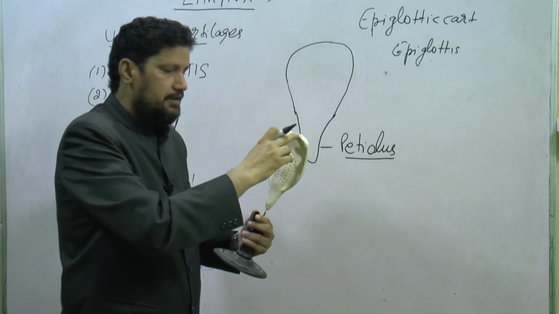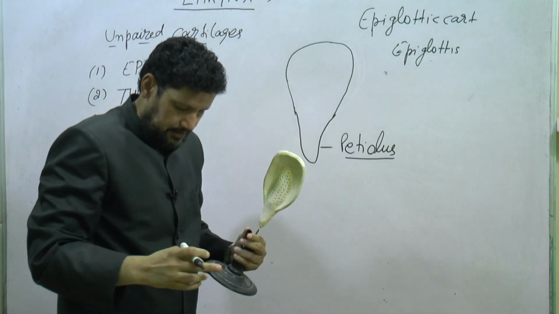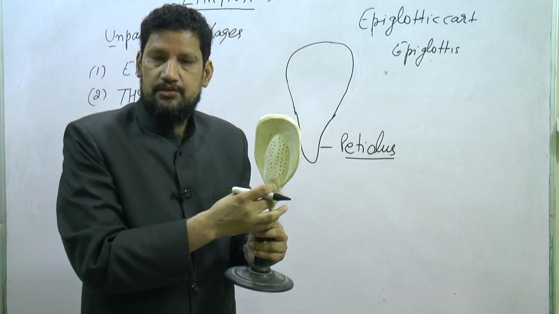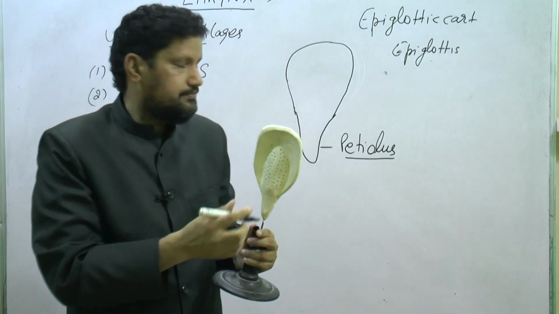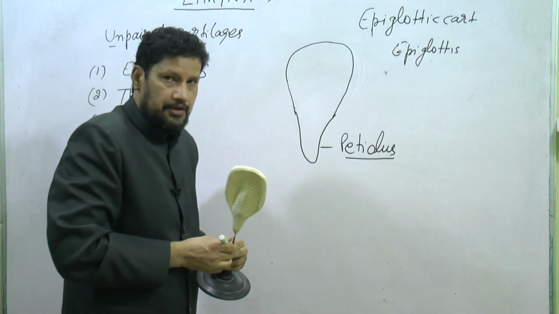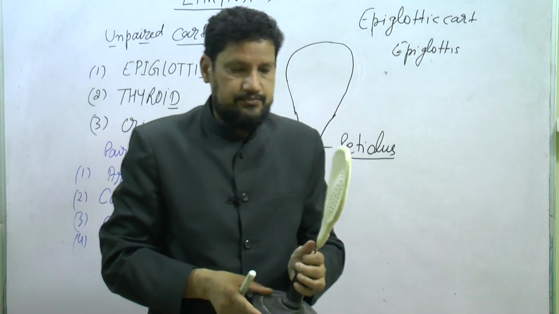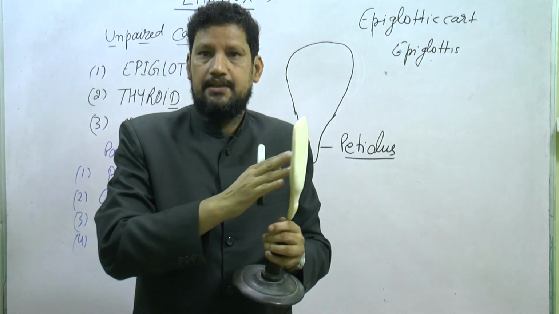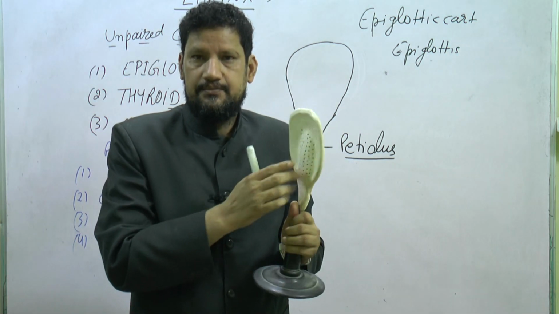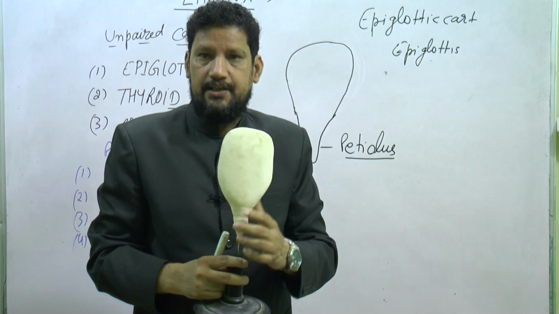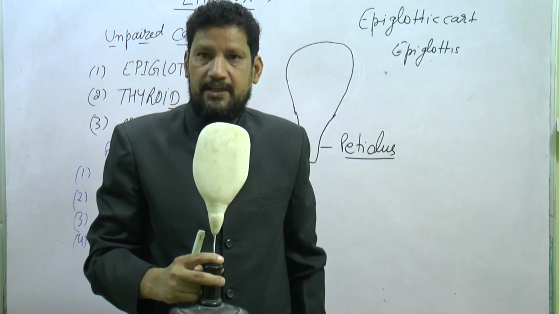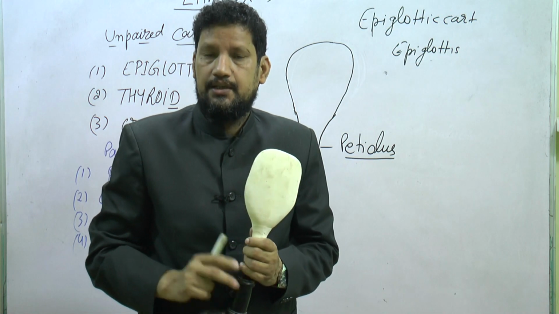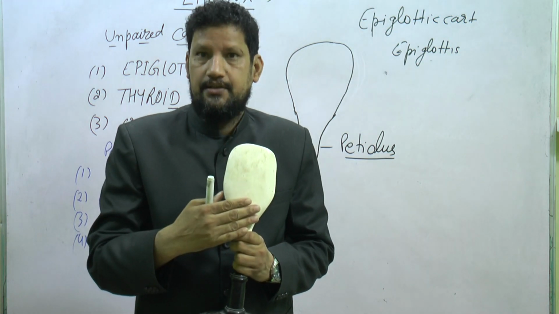So the upper end and the lower end. Upper end is broad while lower end is narrow, and this lower end is known as petiolus. Two surfaces, the anterior surface and the posterior surface, and this is projecting obliquely behind the base of the tongue and the hyoid bone.